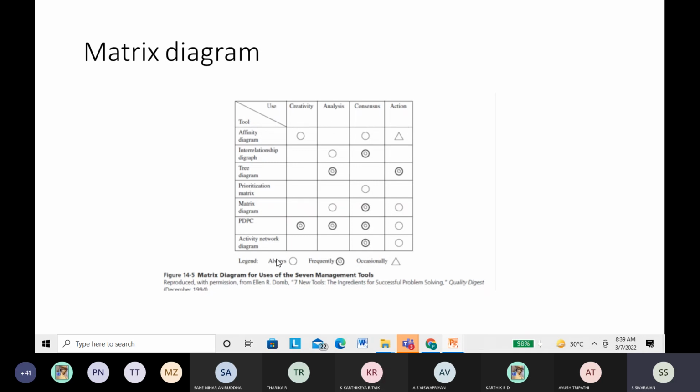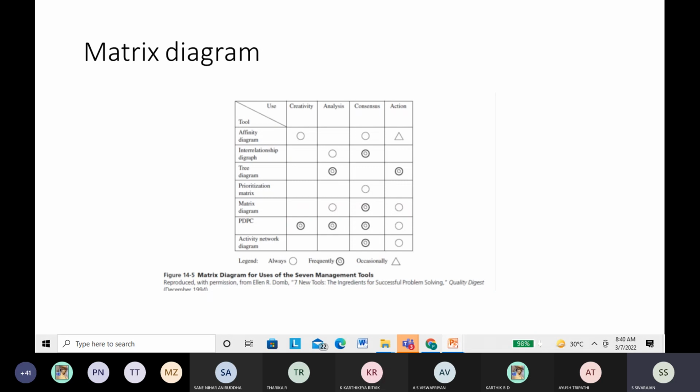And we can mark whether they are always related, frequently related, or occasionally related. For example, the affinity diagram to creativity is always related. Affinity diagram and consensus is always. Whereas when it comes to action, it is only occasionally.